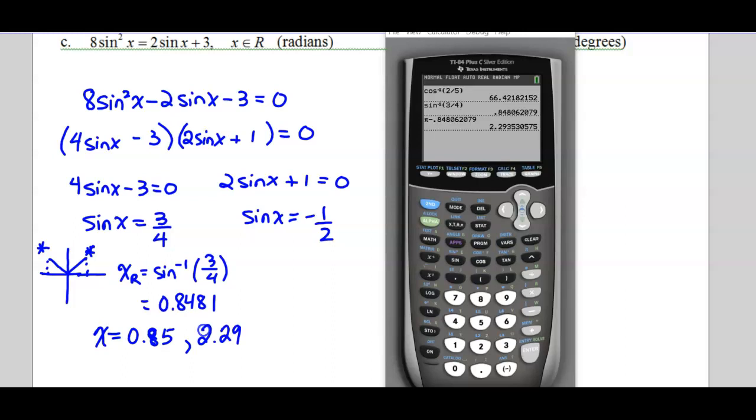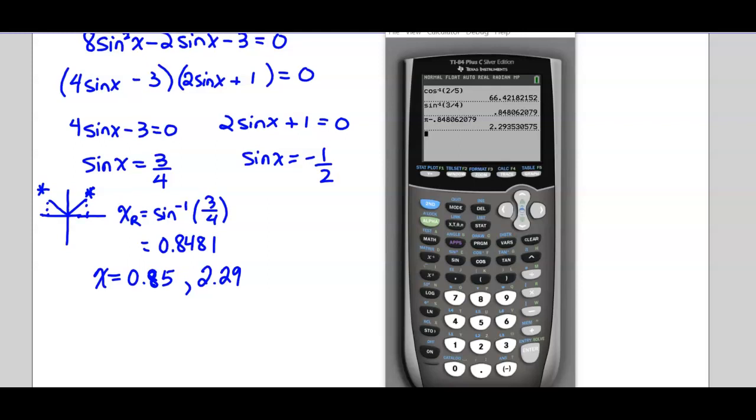So you can do it, or remember that and just go right to your general solution. 0.85 plus 2n pi, or 2 pi n, 2.29 plus 2n pi. I'm going to put a comma there because I have to do a general solution as well, so that I can just write n an element of the set of integers once.